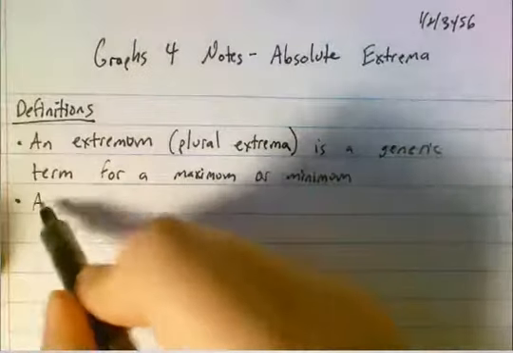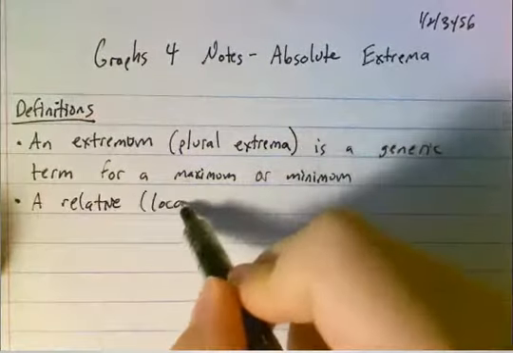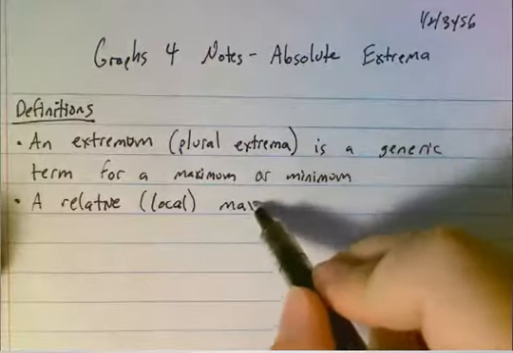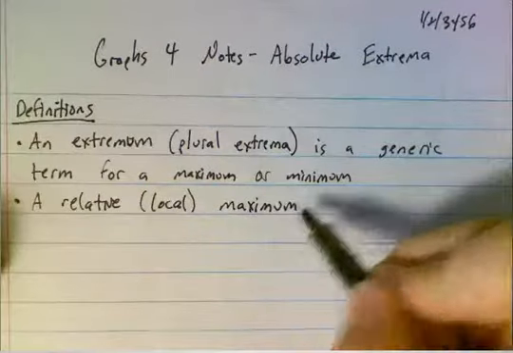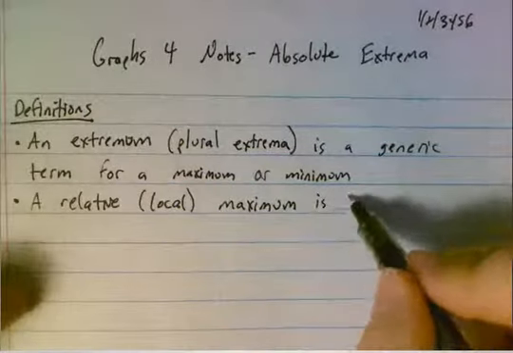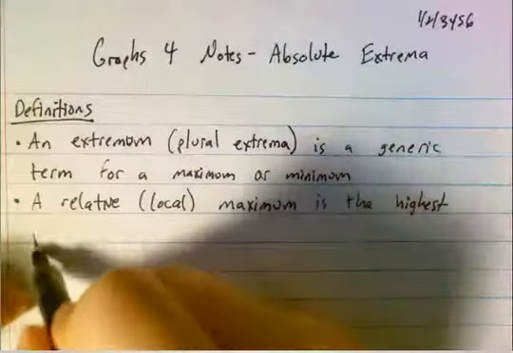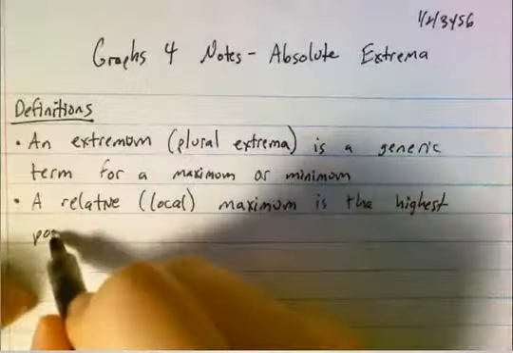A relative, also called a local maximum, is the highest point of the points near it.